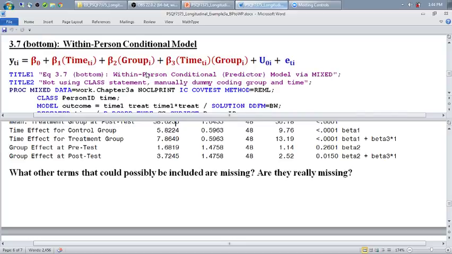Which term have we not talked about yet? Residual variance. Yeah, E. Guess what? E is person by time. It's why do people change differently after controlling for group? That's what E is. That's the only kind of variability that's left.